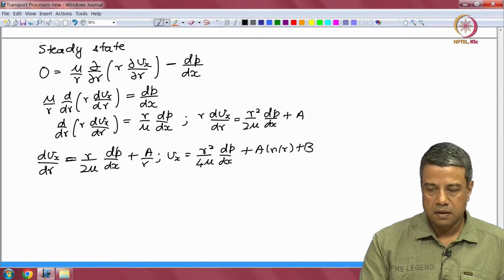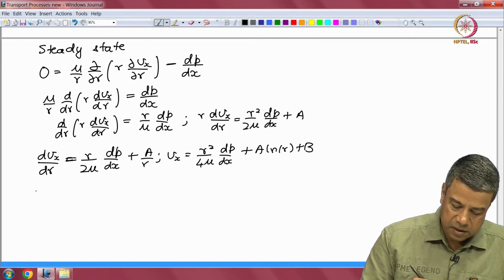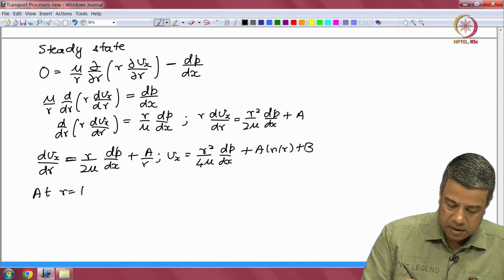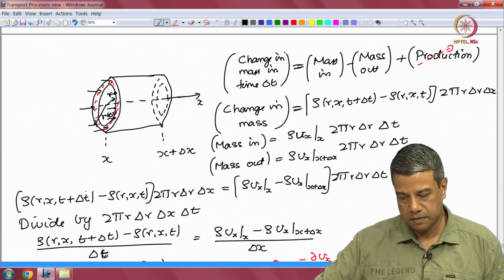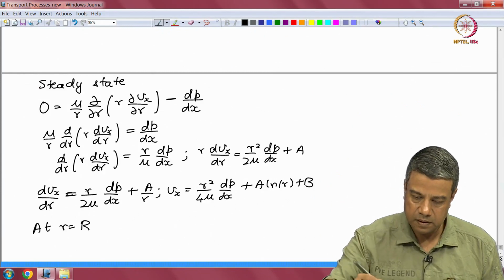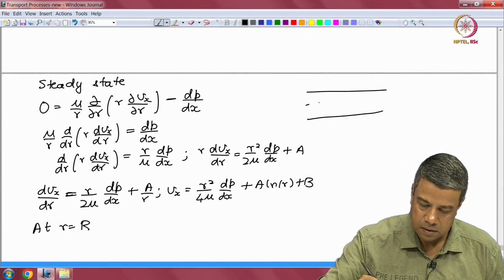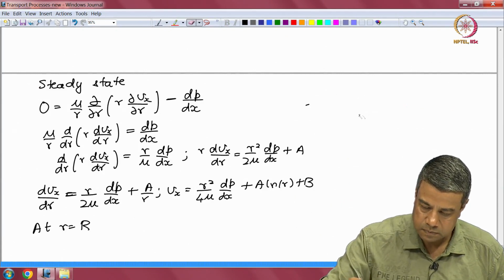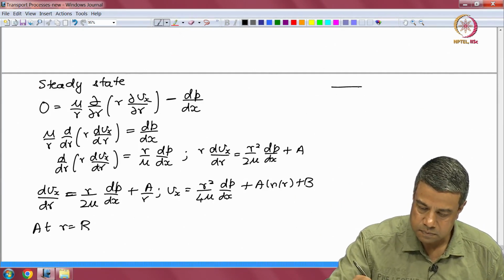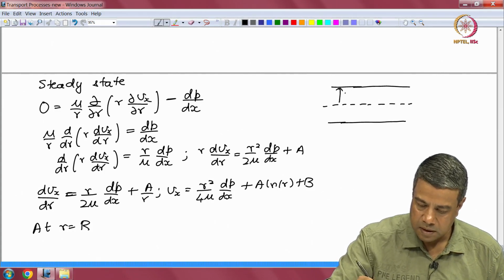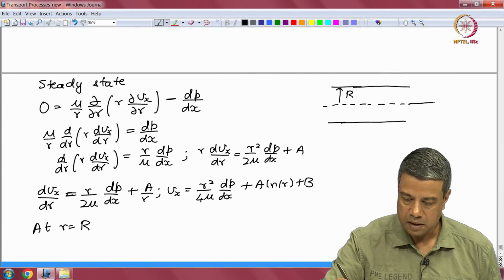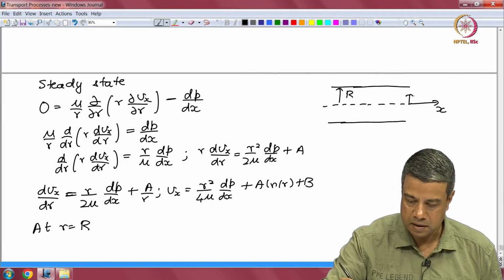So, these are determined from the boundary conditions. Capital R is the radius of the pipe, and I am using a coordinate system where x is along the axis and r is perpendicular.